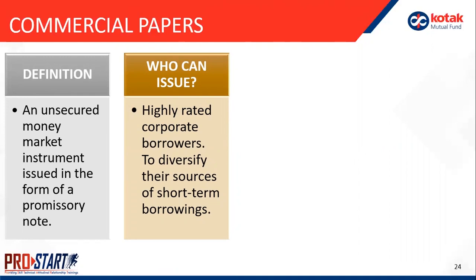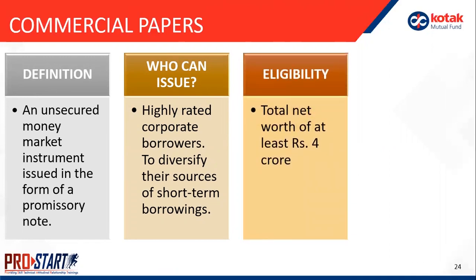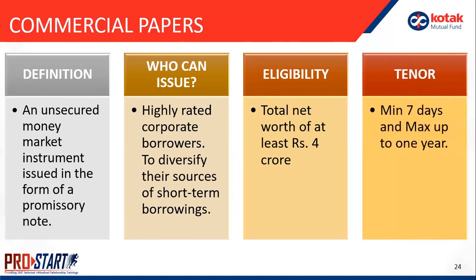The purpose is to diversify their sources of short-term borrowings. Eligibility criteria: those who have a total net worth of at least 4 crores can issue a CP. The tenor: minimum 7 days and maximum up to 1 year.